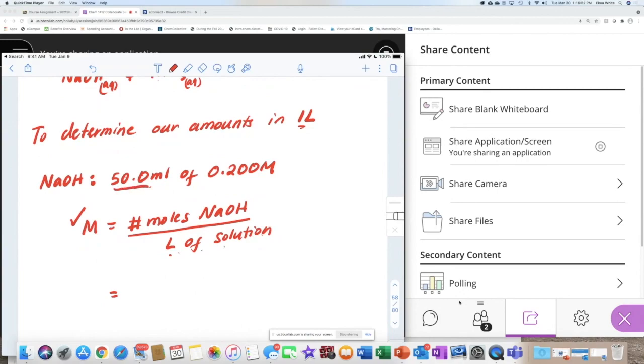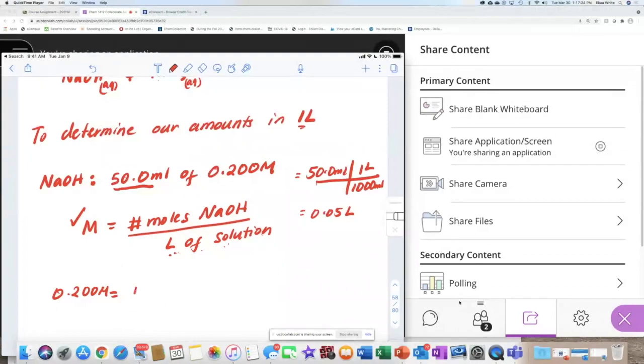I can convert this to liters of solution. So how do I do that? On this side, 50.0 milliliter. When I convert this into liters, divided by 1000 milliliter, it becomes 50 divided by 1000. So I end up here with 0.05 liters.